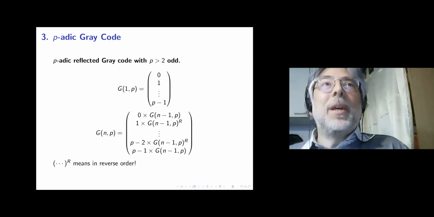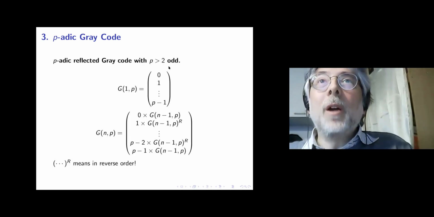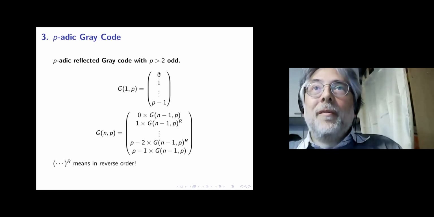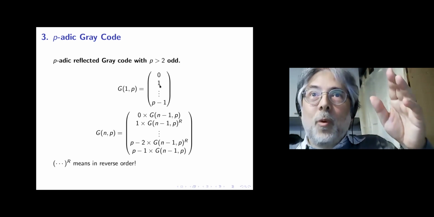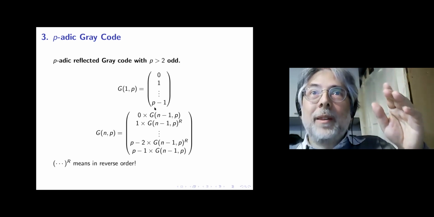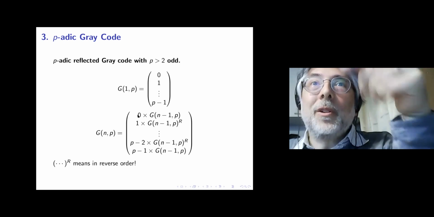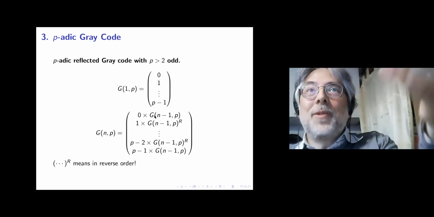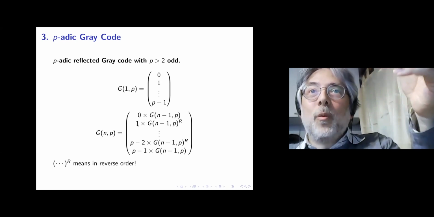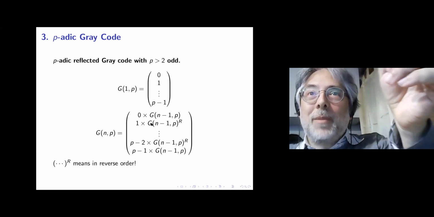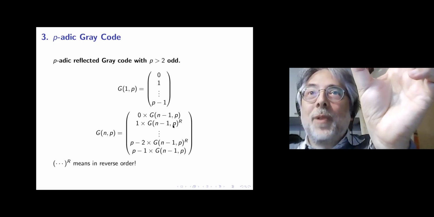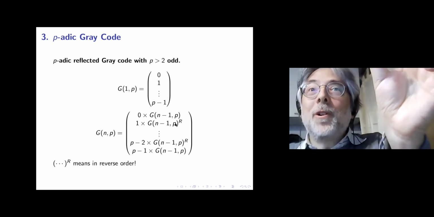And in the p-Adic case, if P is odd and greater than 2, what you do is this: you have your vector 0, 1 to P minus 1, and then you take iteratively 0 times this previously constructed gray code, and then 1 times the Cartesian product with the same code that you constructed before, but in reverse order, and so on.